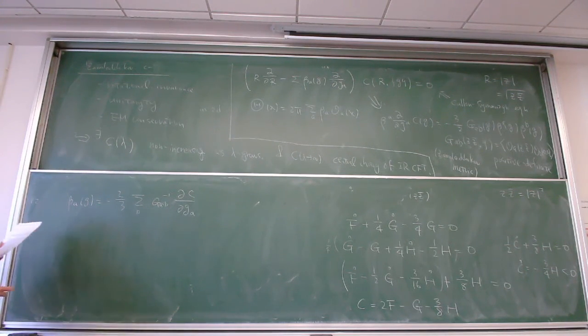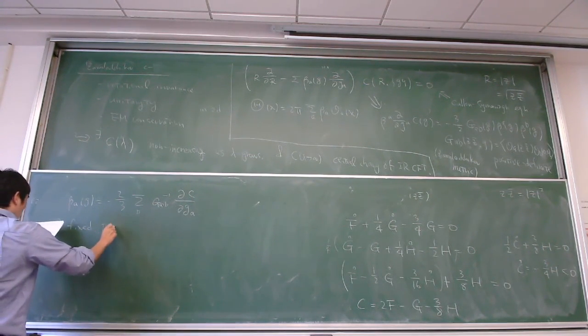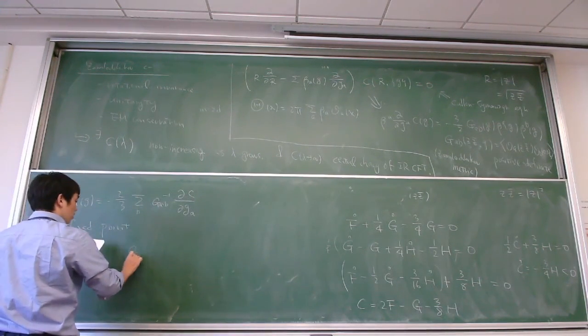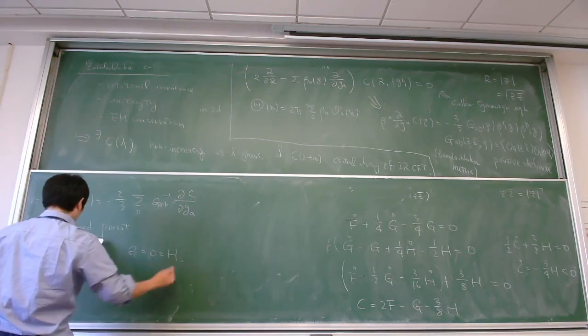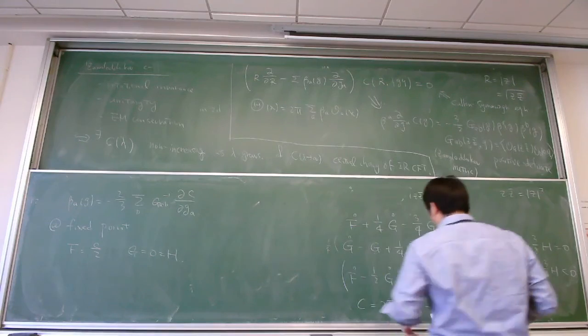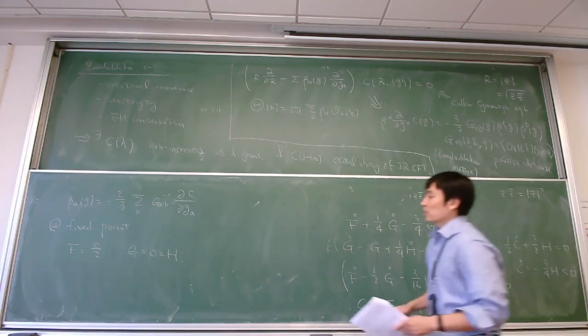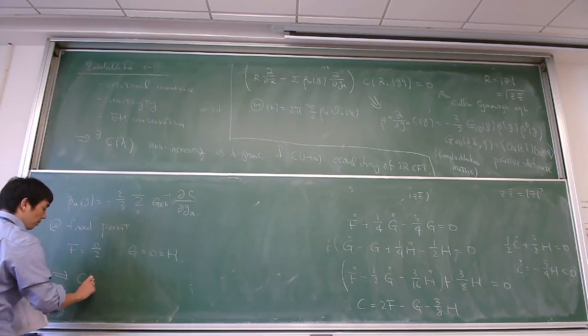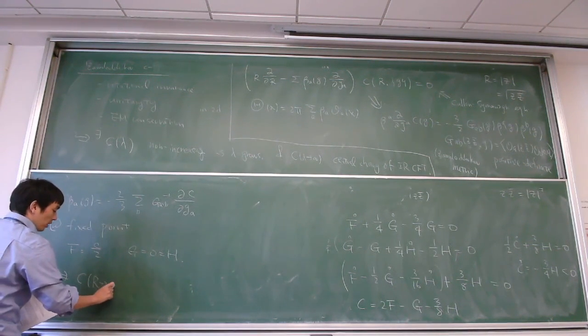And then since the fixed point C is indeed F, I already listed the fixed point values: F is equal to C over 2, and G is equal to 0, and H is equal to 0. So if you plug the definition of C here, you can easily see that at the fixed point, the C function of R goes to infinity.